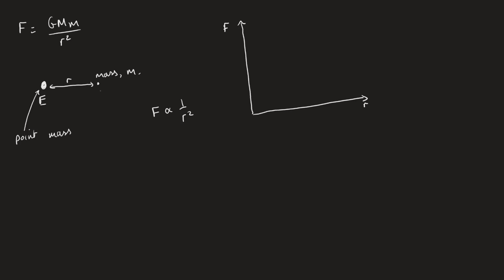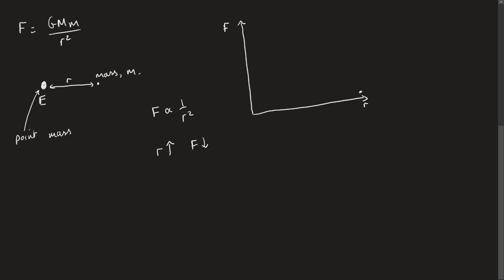It is possible for its mass to change, for example a rocket, but in this case it's just a block of metal that we're going to launch into outer space. And what we can say from this is that as r increases, F must decrease. So for very large values of r, we're going to get a very small force.